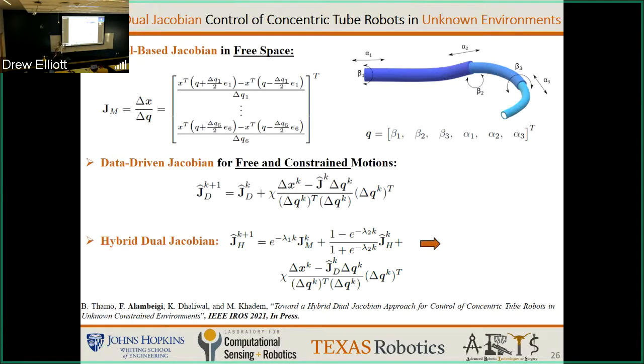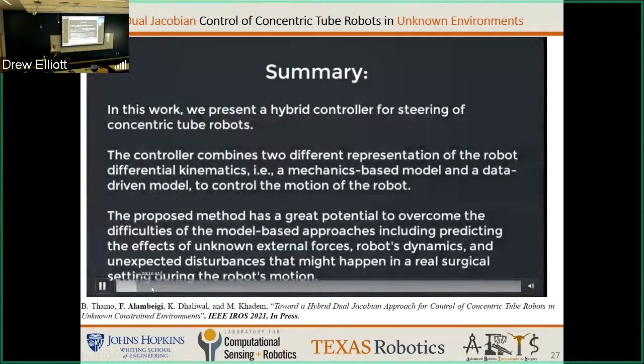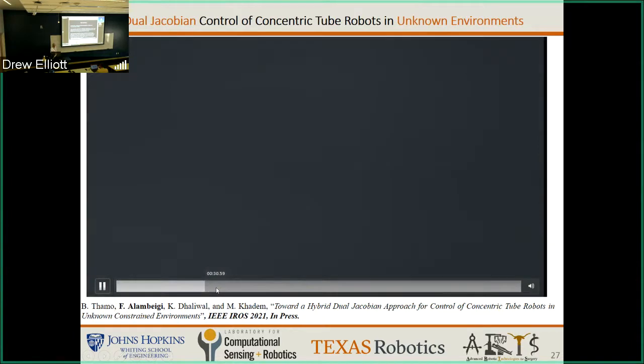This means the matrix that we start with is model-based, and then we use that matrix to initialize our data-driven approach. And with this, we can use pretty much the Jacobian pseudo-inverse control. We did this in simulation. We are working on the experimental aspect of that, but I want to show you the differences between different modes here.